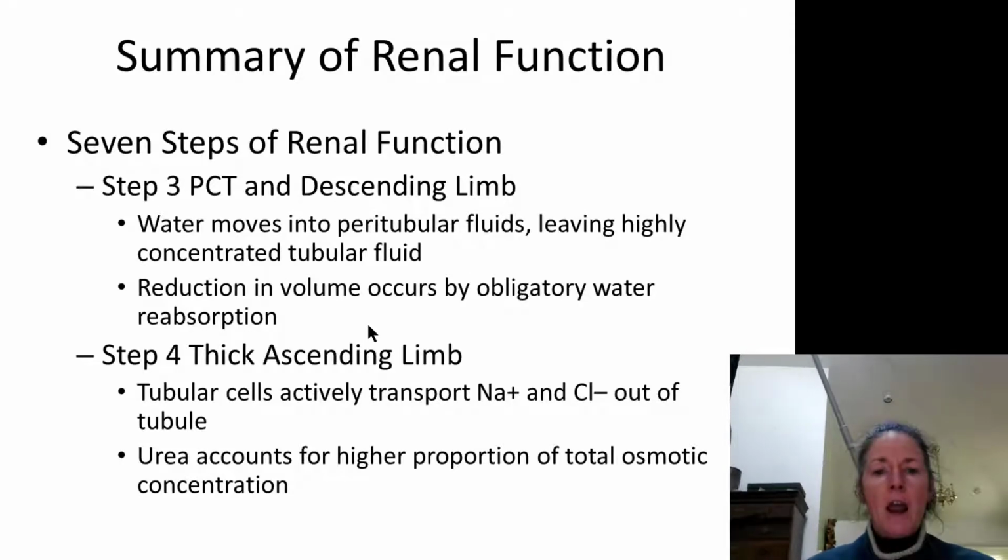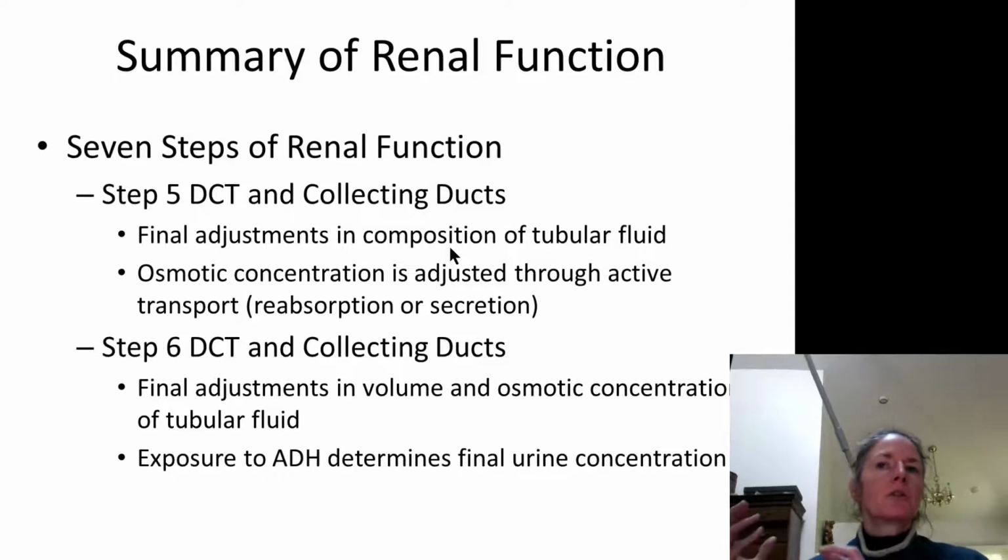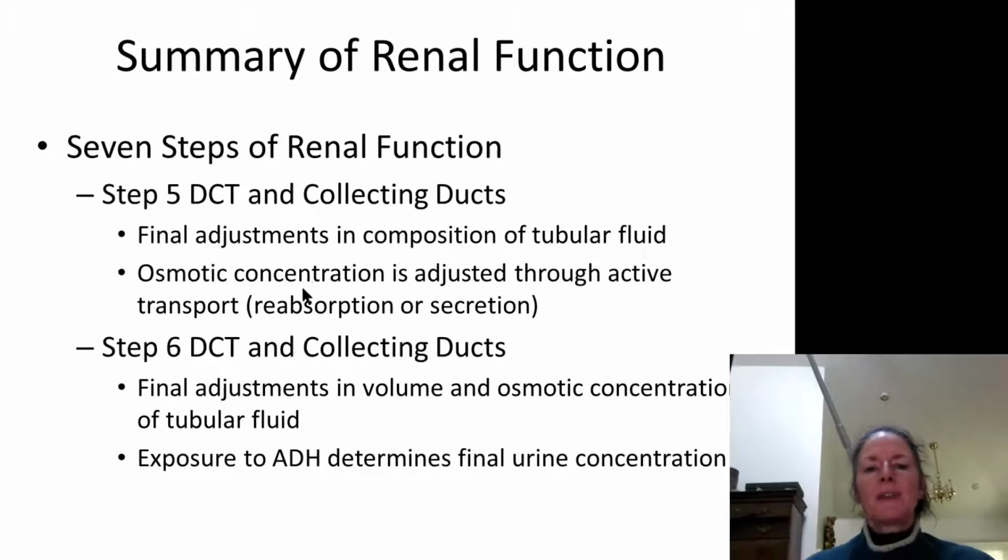All right, now, so in the distal convoluted tubuli and collecting ducts, we're going to have our final adjustment of the composition of the tubular fluid through aldosterone and through antidiuretic hormone mediated mechanisms. And so we're going to basically adjust the composition of urine through a bunch of processes, resorption, secretion, and so forth.